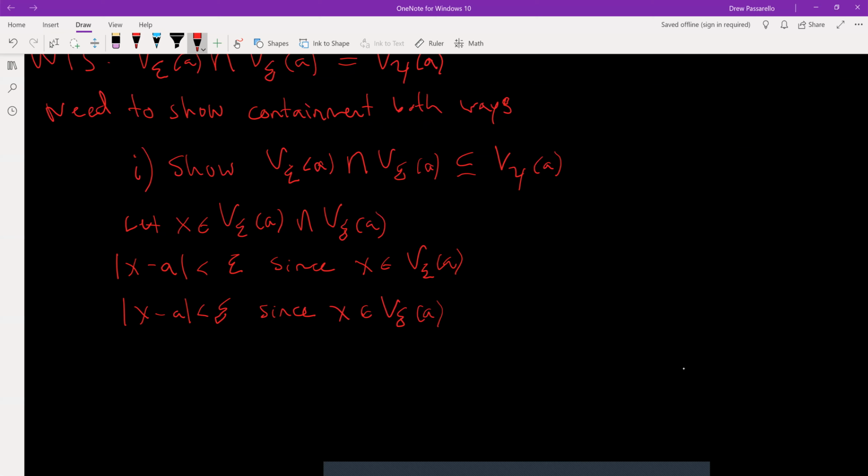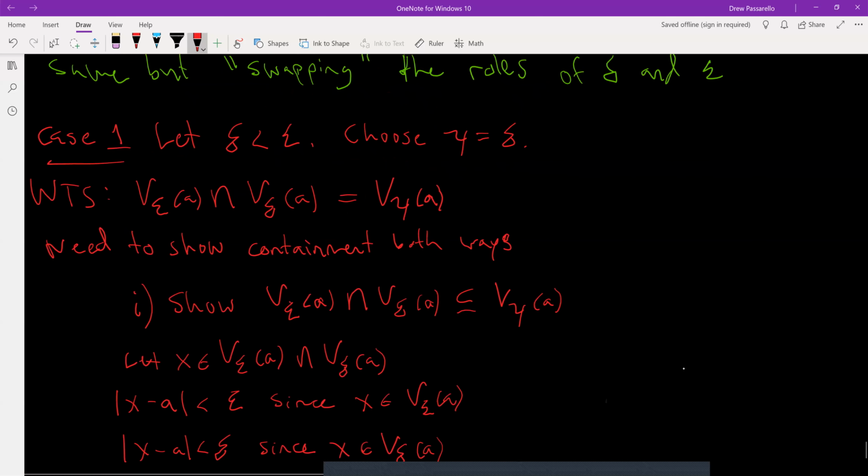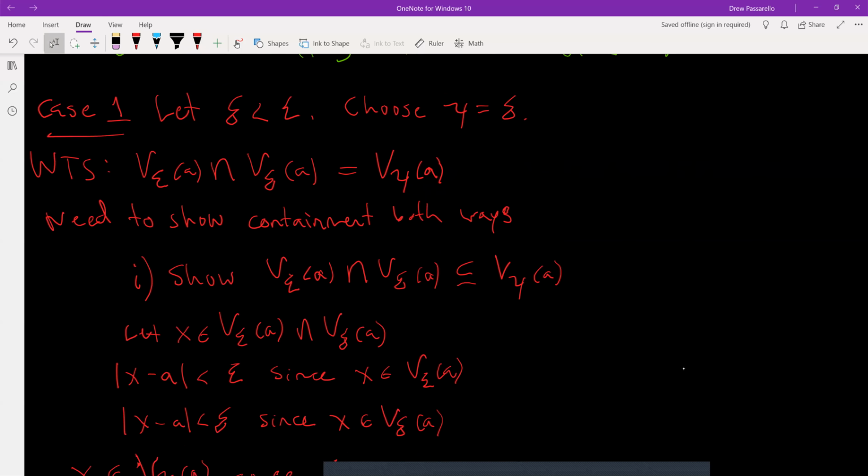That's just the definition. And since gamma is equal to delta, x is also going to be in the gamma neighborhood. Recall that at the beginning I'm letting gamma be equal to delta.